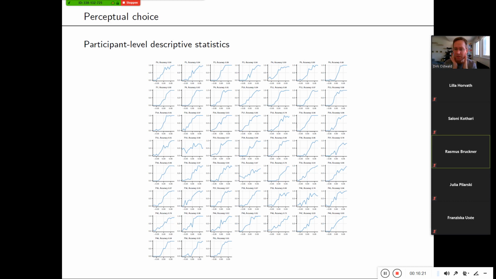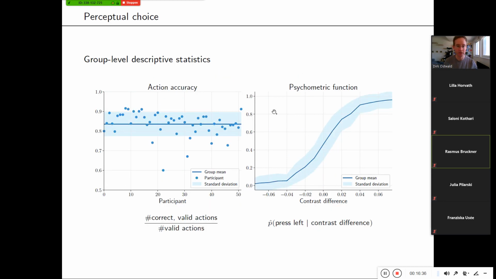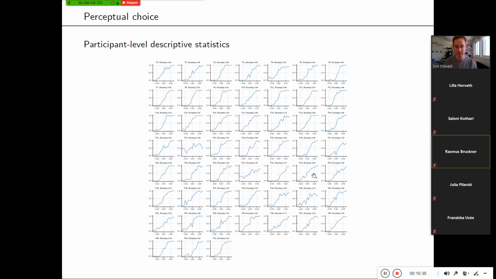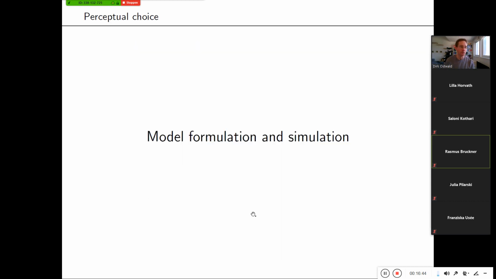It's not that much data, so one could also use a full hierarchical model, and maybe that's something to explore in the future. In any case, that's why I have the single participants here, and also to show you that there's some variation. So this looks quite nice in terms of group data, but of course, individual levels look different. Good. So that's the motivation, and this is the data that we want to apply the model to.